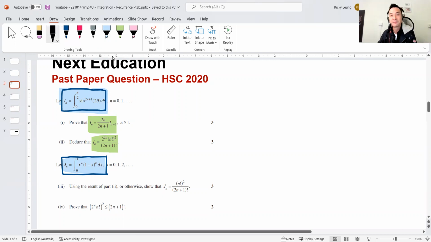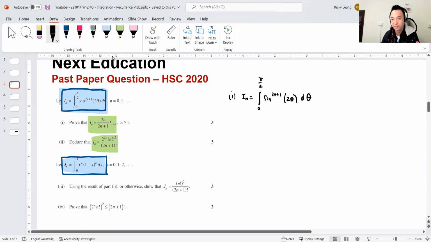All right. You know what? That's enough of a preamble. Let's begin. So part 1. We have I_n equal to the integral from 0 to pi on 2 of sine 2n plus 1 double theta d theta.